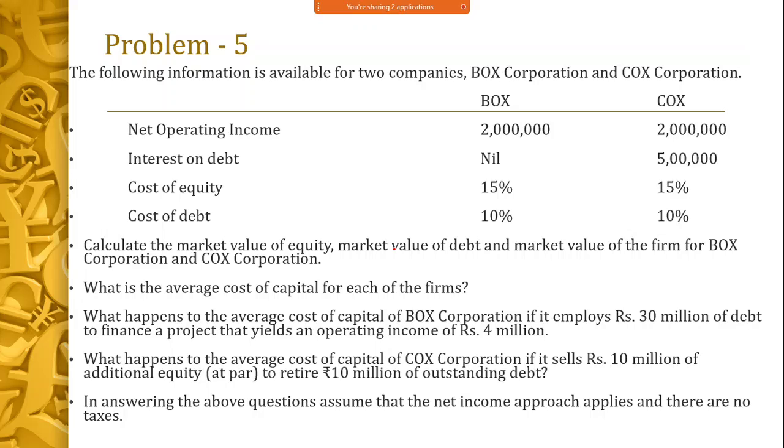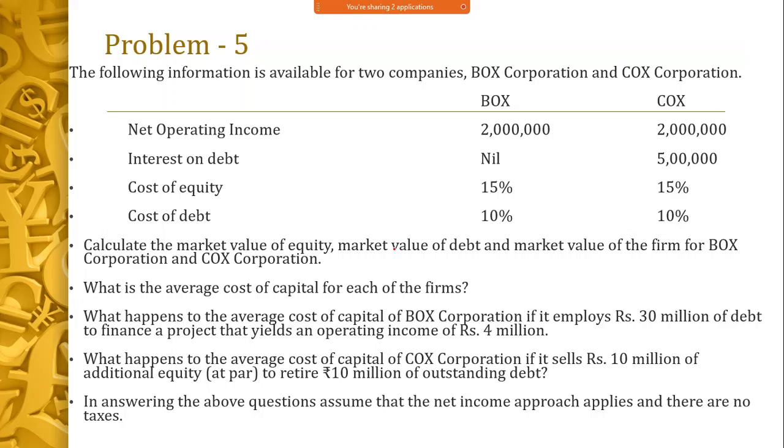Interest on debt for Box is nil and for Cox is 5 lakhs. Cost of equity is 15% each and cost of debt is 10% each. Calculate the market value of the equity, market value of debt, and market value of the firm for Box Corporation and Cox Corporation. What is the average cost of capital for each of the firms?